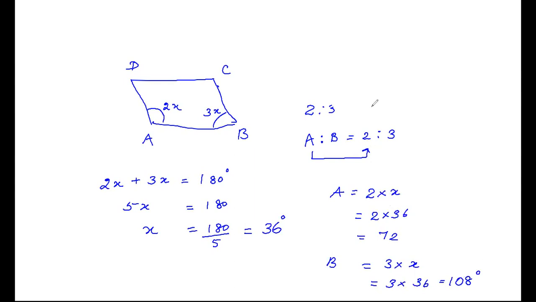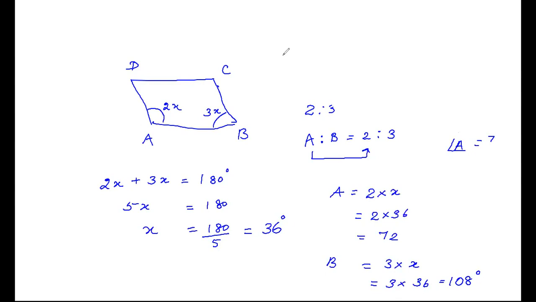So my angle A is equal to 72 degrees. So A is 72 degrees and B is 108 degrees, right?